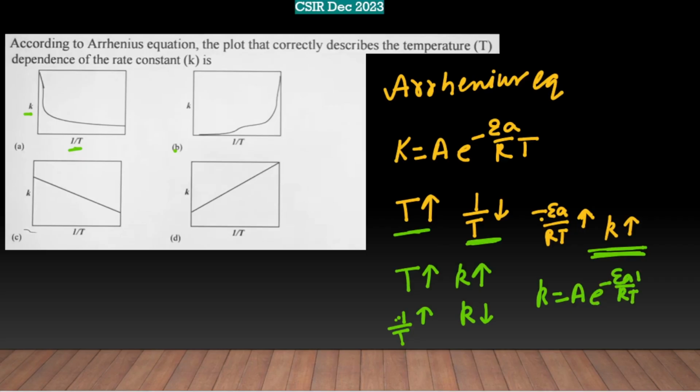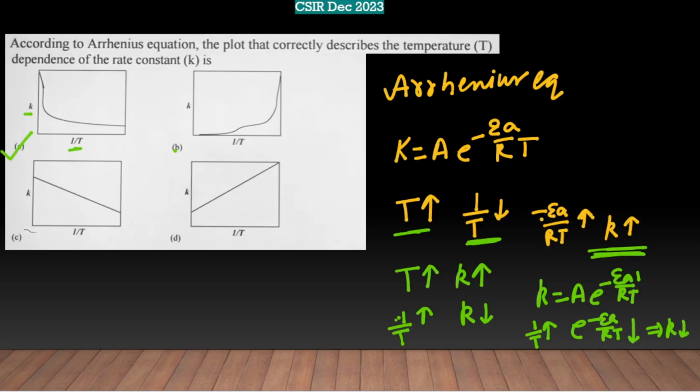So if you increase 1 by T, this exponential term e raised to the power of minus EA upon RT is decreasing, which implies that the rate constant is decreasing. This is what you are observing, an exponential decrease in the value. So option A becomes the correct one.